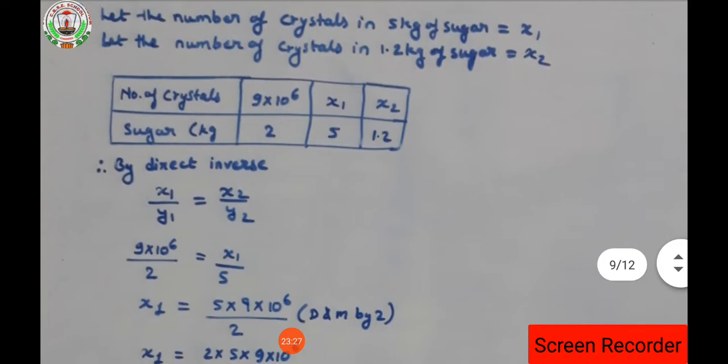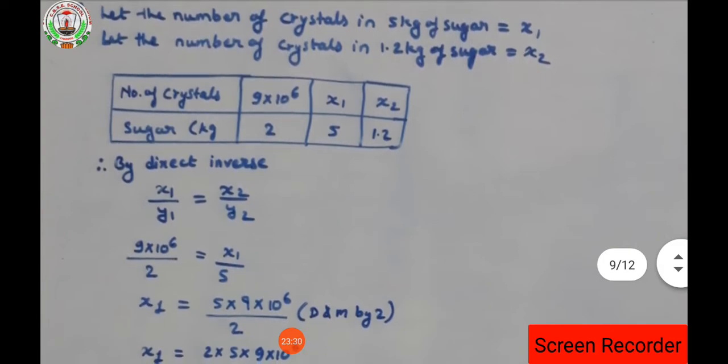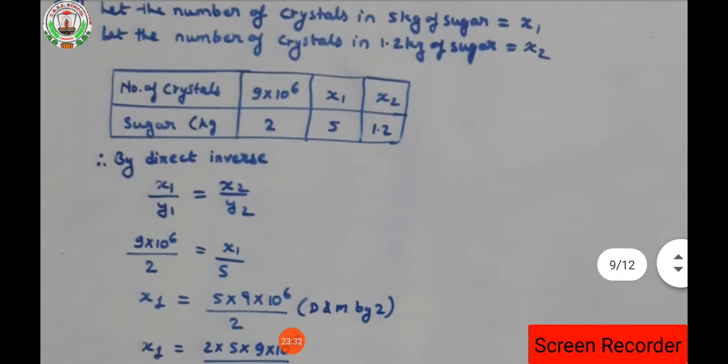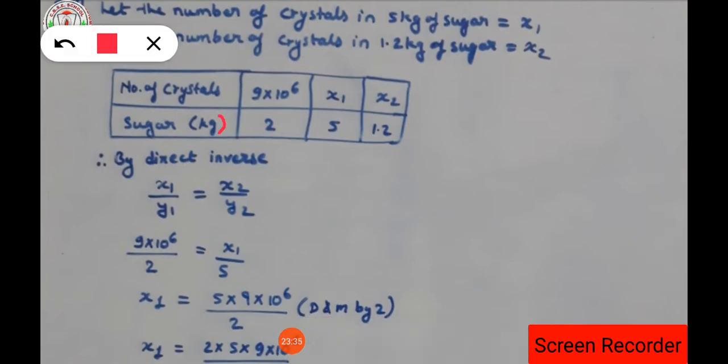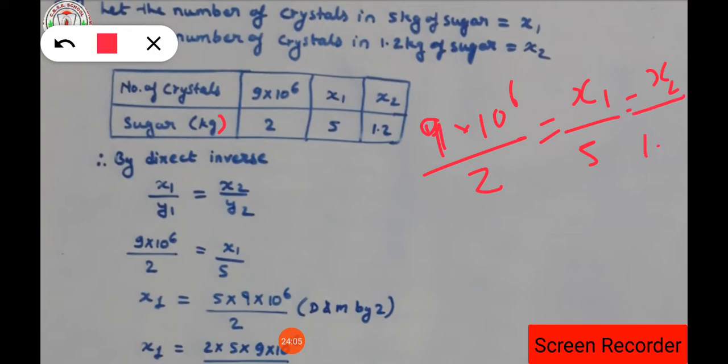So the tabular form of that will be number of crystals upon sugar. In the second step, sugar will be in kg, and number of crystals will have no unit. Okay. So in the question, the number of crystals for 2 kg is already given, that is 9 into 10 to the power 6 upon 2, is equals to x1 upon 5, is equals to x2 upon 1.2.